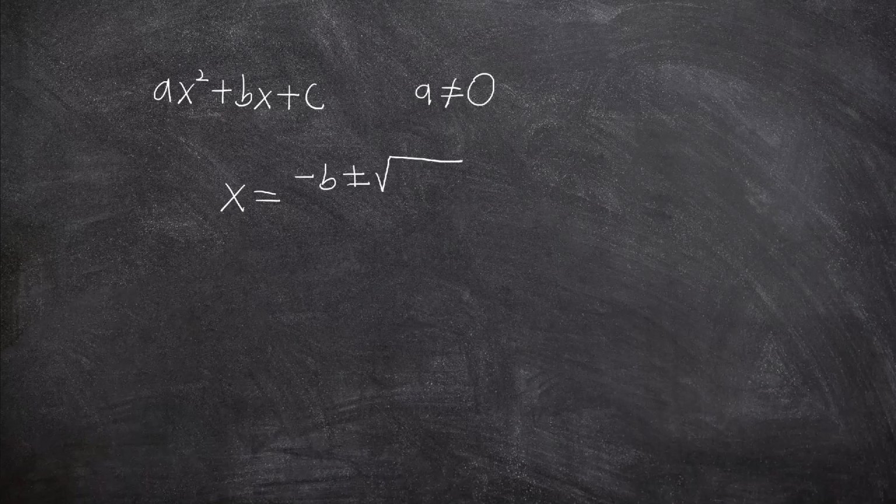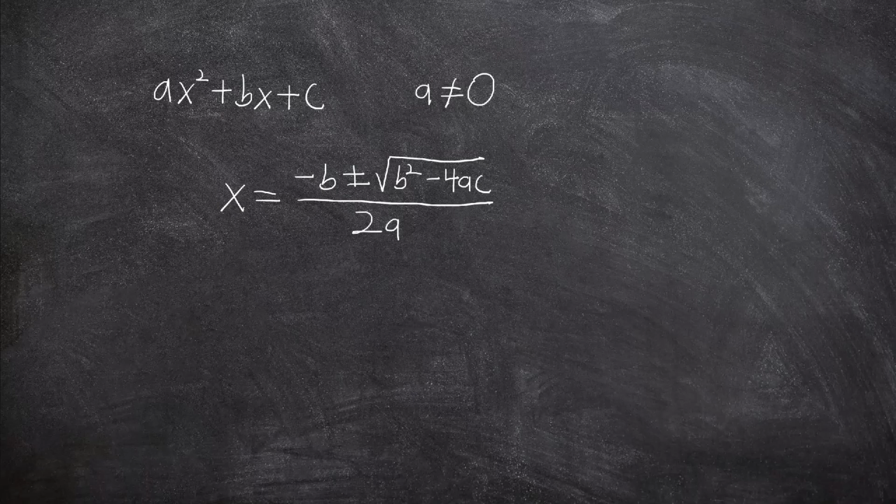If we have a quadratic equation, ax squared plus bx plus c, and a doesn't equal 0, then we would denote this as x equals negative b plus minus square root of b squared minus 4ac over 2a.